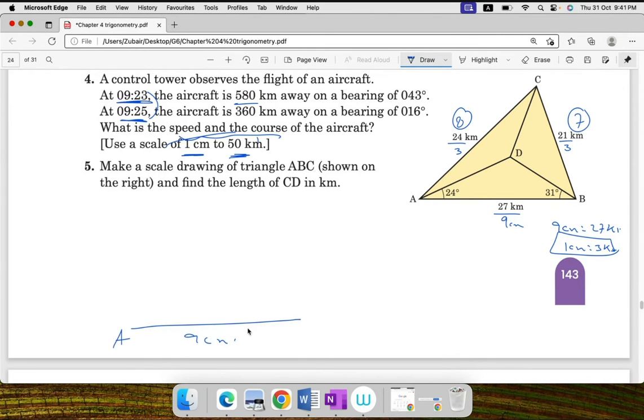Now at point A and point B, I'm going to use this compass. This is the needle, this is the pencil side. So I'm going to place the needle at A, stretch the needle and pencil by 8 centimeters and draw an arc. Then I'm going to place the needle at B, stretch it by 7 centimeters and draw an arc.